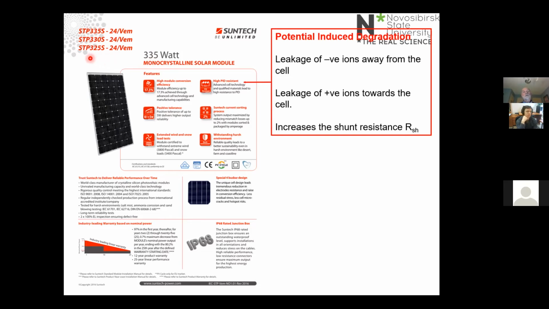So what most of the manufacturers do is that every time a new module is made, it goes under what's called a flash test. The manufacturer has a special compartment that the module is placed in, and then a lamp irradiated at 1 kilowatt per square meter is aimed at the module.